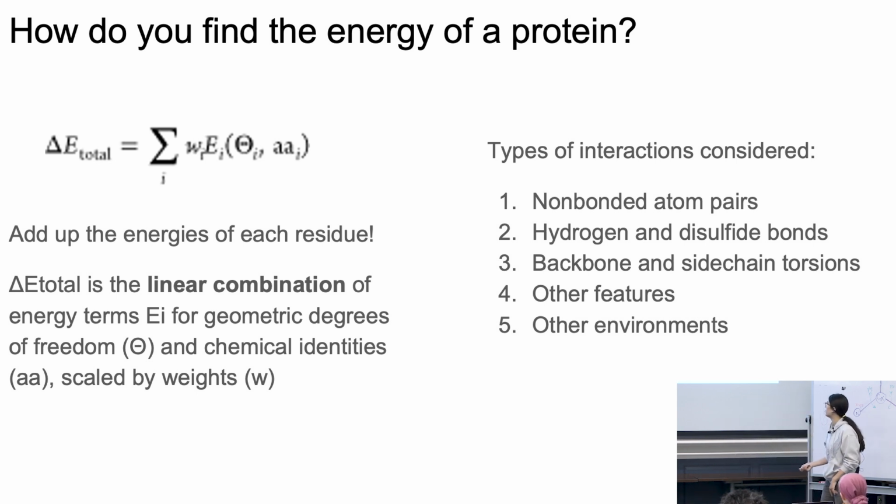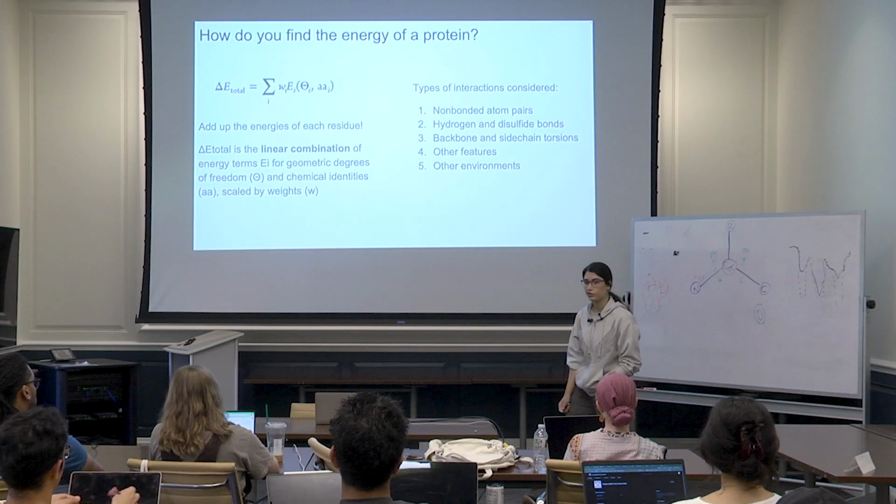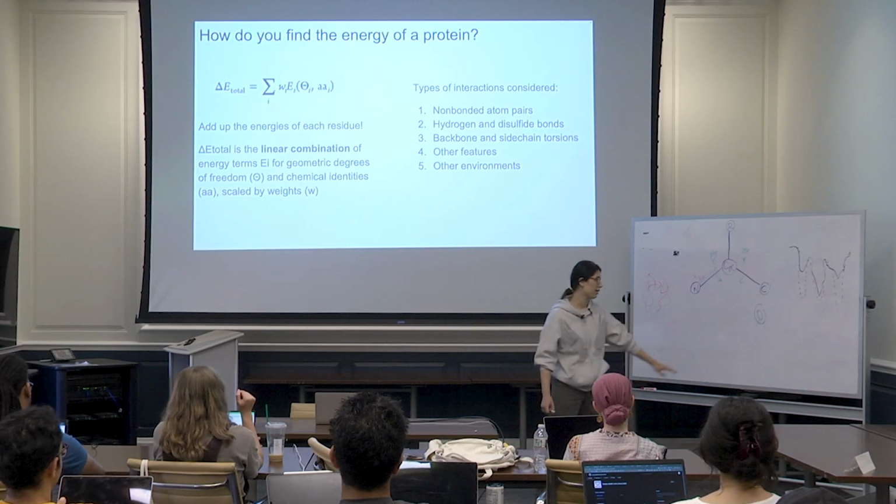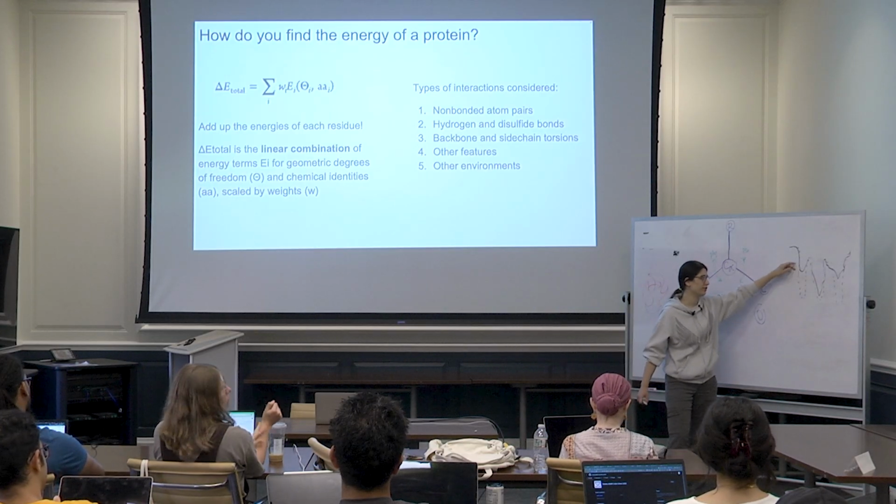And other environmental factors, or just in general in our molecular assembly, there are other factors that might influence the energy landscape. Can you think of anything just in general? What changes the energy? So we were talking about the differences between these two energy landscapes.